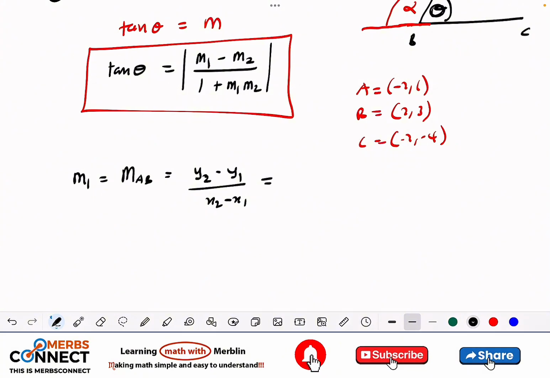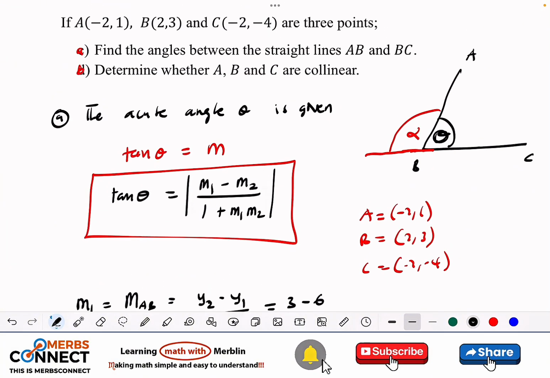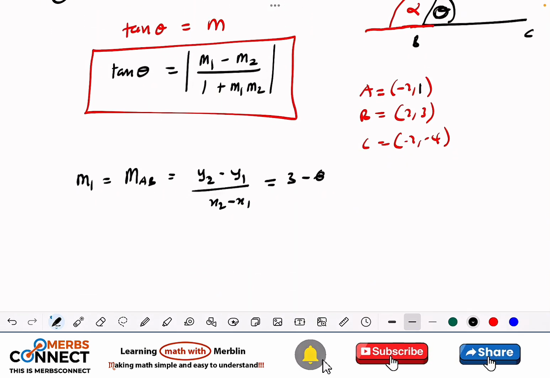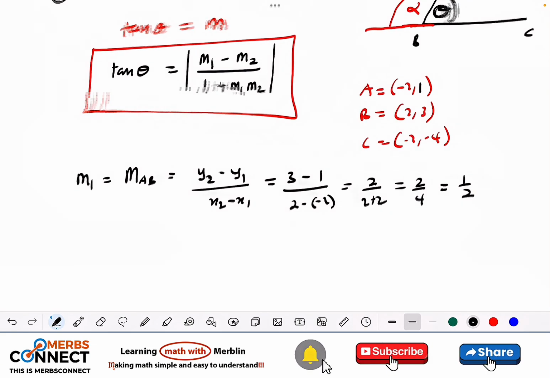So we have 3 minus 1 divided by 2 minus minus 2. This gives us 2 divided by 2 plus 2, which is 2 divided by 4, and the first slope is 1 over 2.